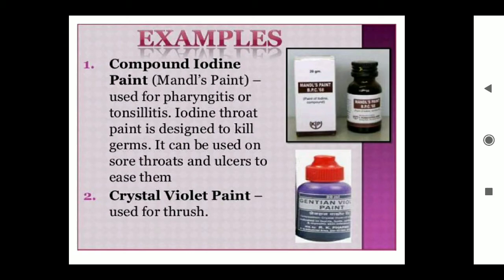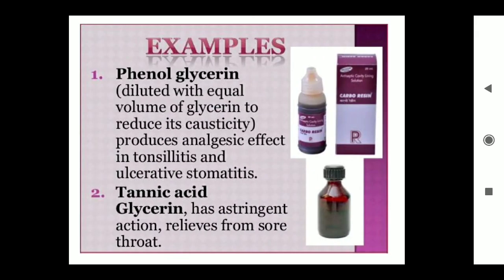The second example is crystal violet paint, used for treatment of thrush. Next, another example is phenol glycerin. This is most commonly used to produce an analgesic effect in tonsillitis.